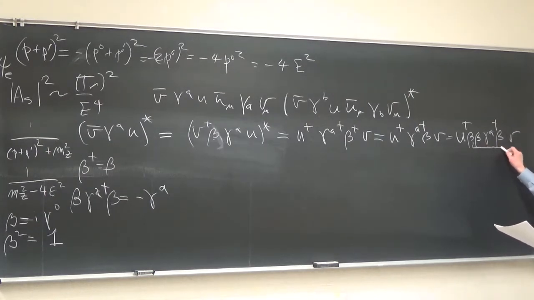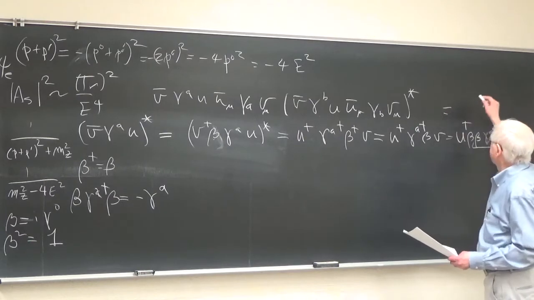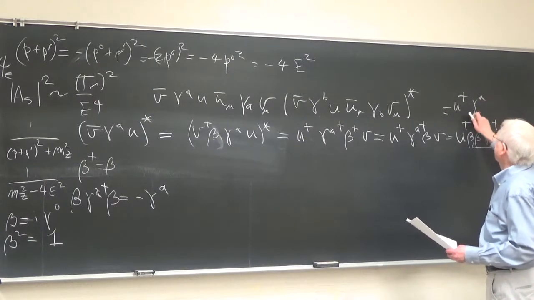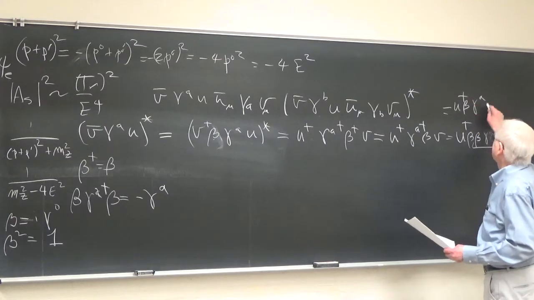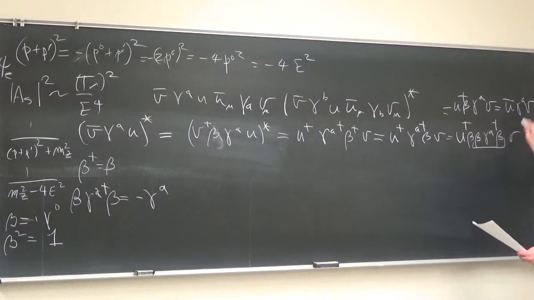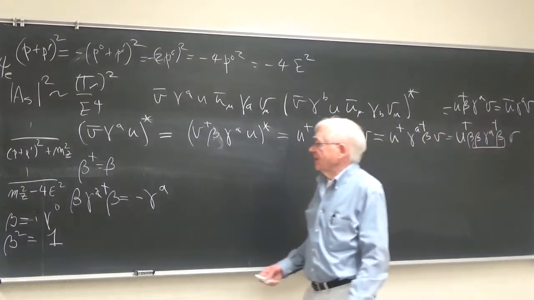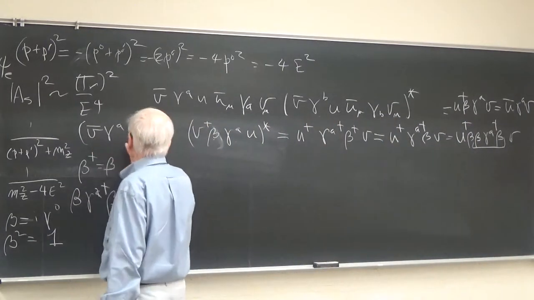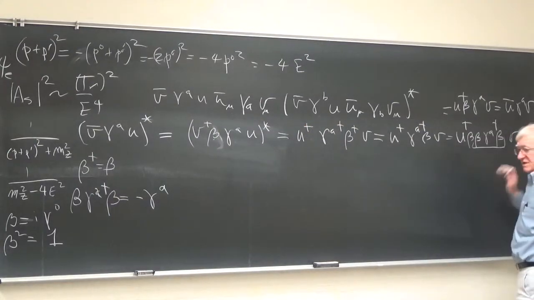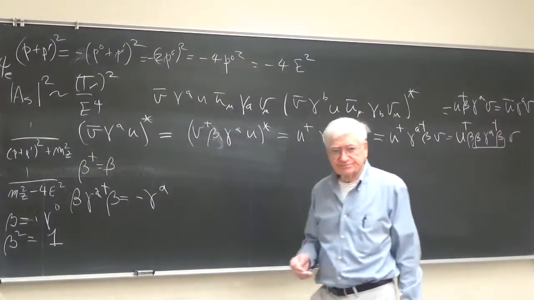But beta gamma A dagger beta is just gamma A, and so this is equal to U dagger beta gamma A V, and this is U bar gamma A V. So in other words, if we have V bar gamma A U, the complex conjugate is just U bar gamma A V, so it's very simple.